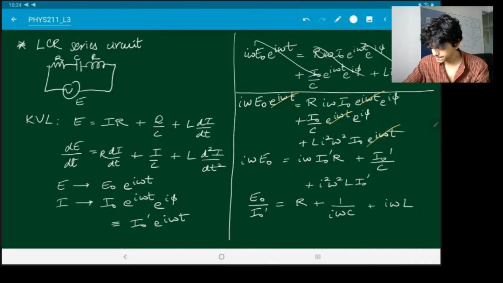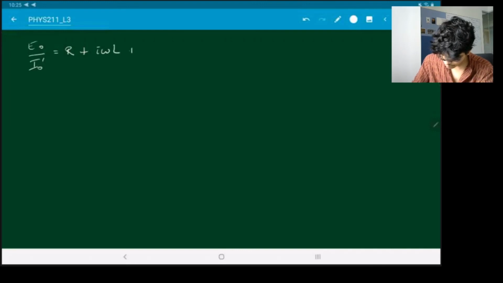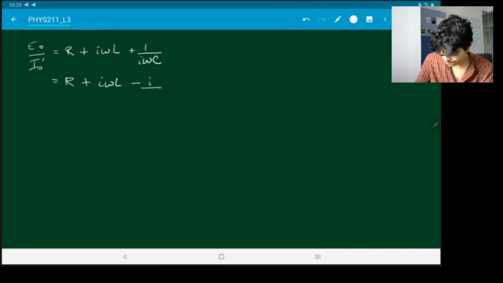Let's rewrite it. Or I can write this as Z equals R plus i omega L minus i over omega C, and this is because i squared is minus 1.